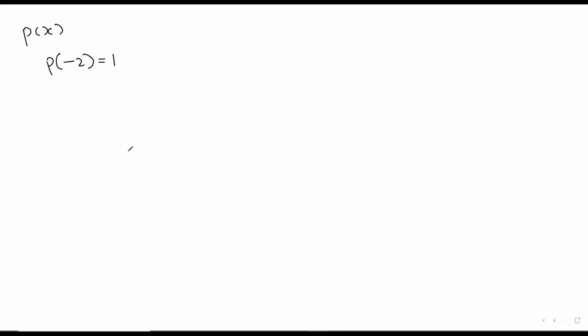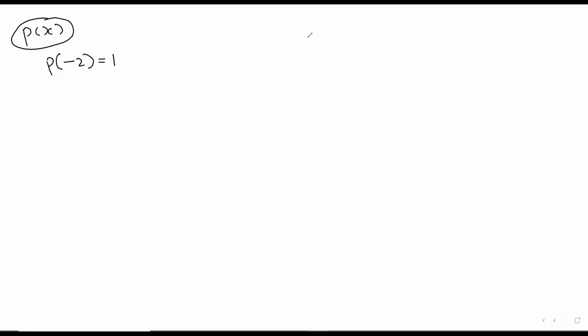That means that you have this P of x, and in your polynomial P of x, if you replace every single x with minus 2, then that polynomial is going to give you a value of 1.